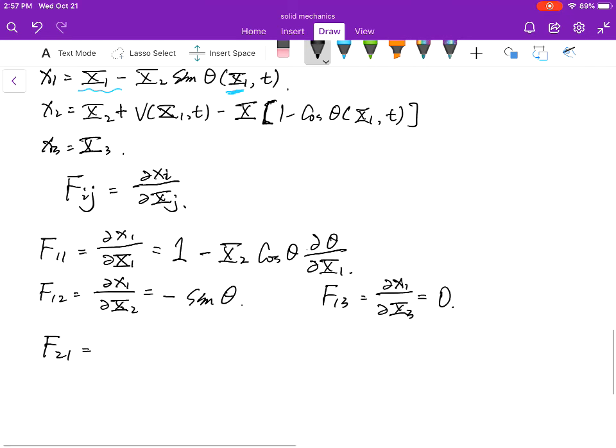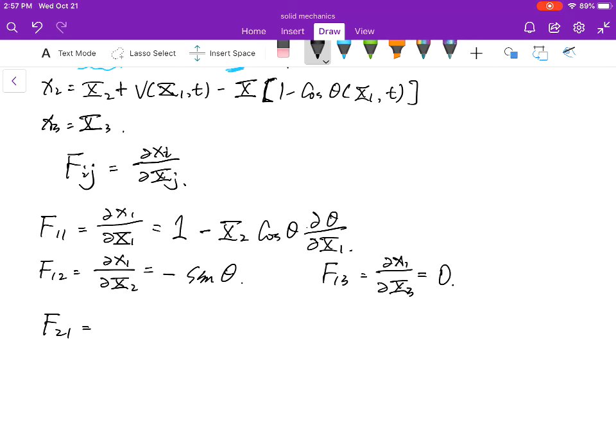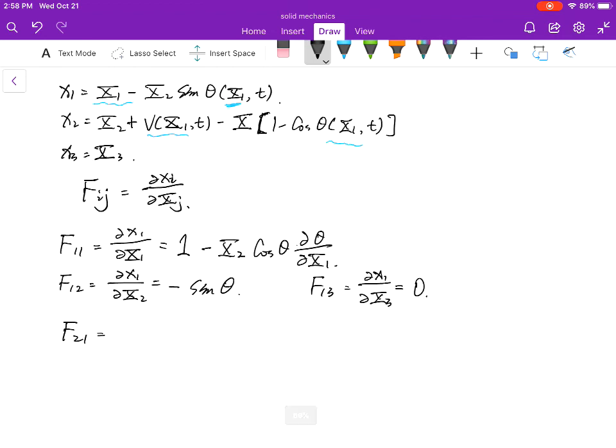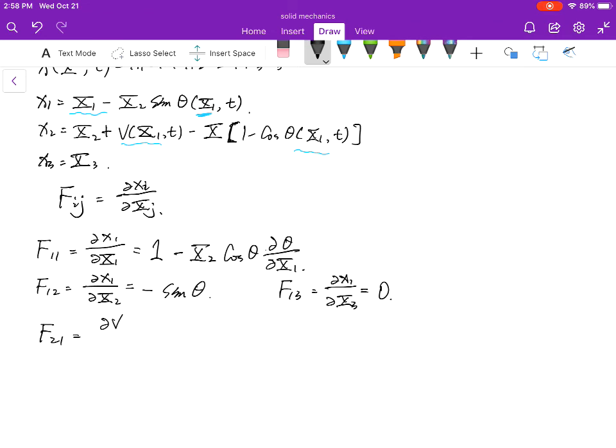Similarly, we have F21. As you can see, this is a function of X1 and this is a function of X1, so here we have partial v over partial X1.